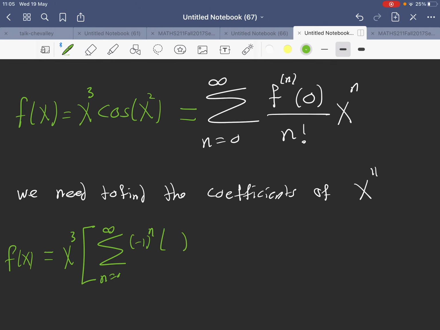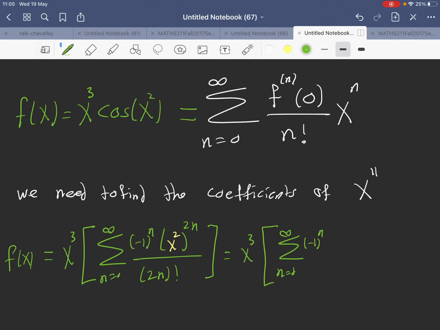It is even power over even factorial, and that is x squared, which is just x cubed summation (-1)^n x^(4n) over (2n) factorial.